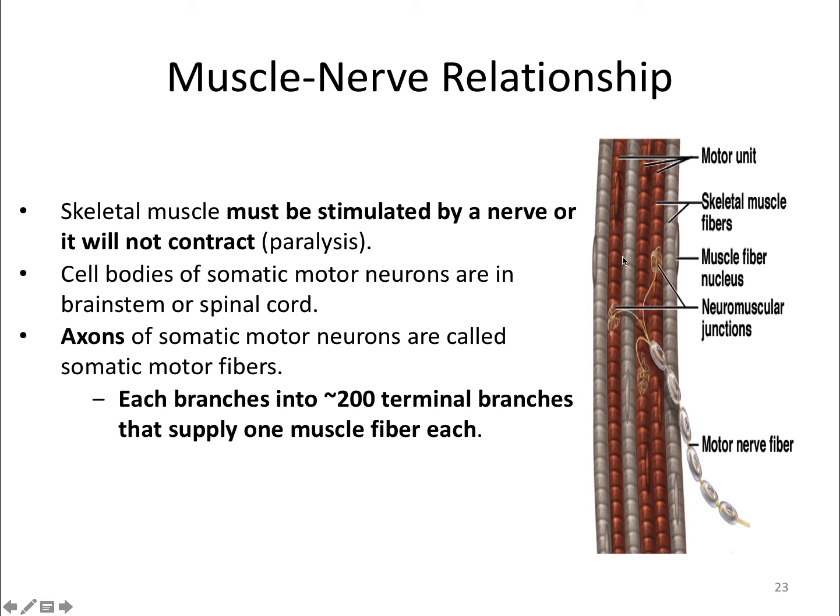Okay, so muscle-nerve relationship. A skeletal muscle has to be stimulated by a nerve or it will not contract. So this is one way that you can get paralysis. If you get neurological paralysis, that means the nerve isn't talking to the muscle.